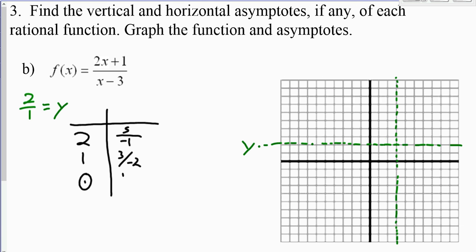When it's 0, I get 1 over negative 3. So as I plot these points, this being my x and that being my y, I can see at x being 2, I'm at negative 5.